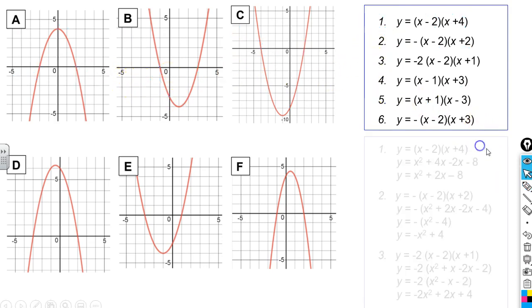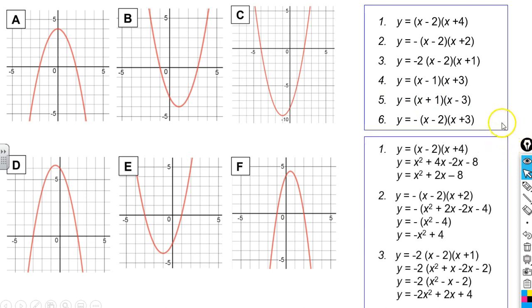And if we were to multiply our two factors, our two binomials together, you can see how I did that for the first three equations down here. We would get this equation. And again, we said that this was problem number 2, and this was problem number 5, and this was problem number 1.